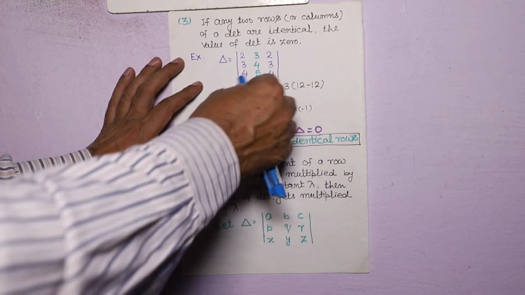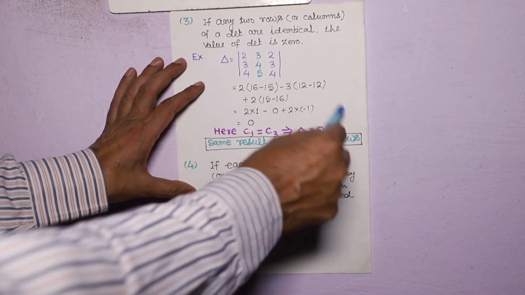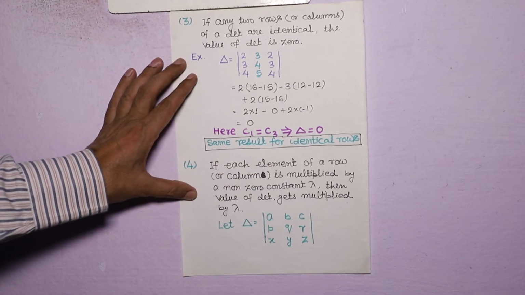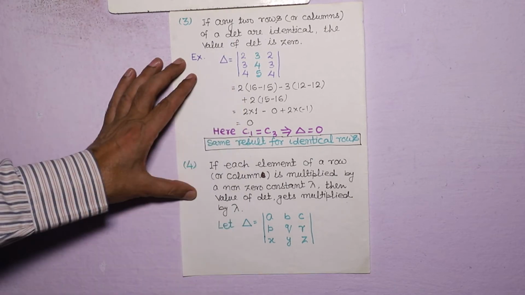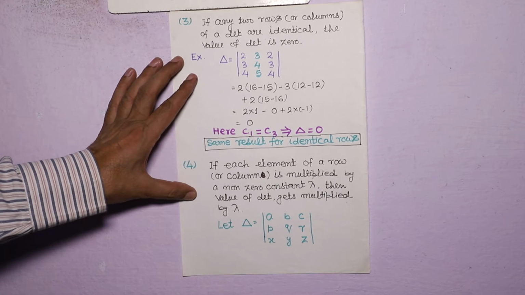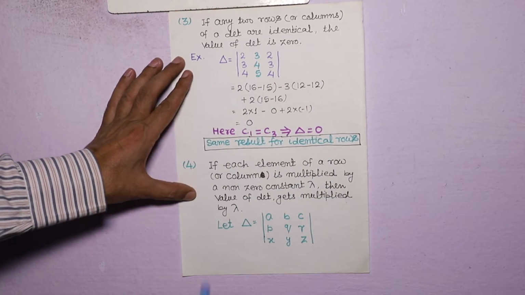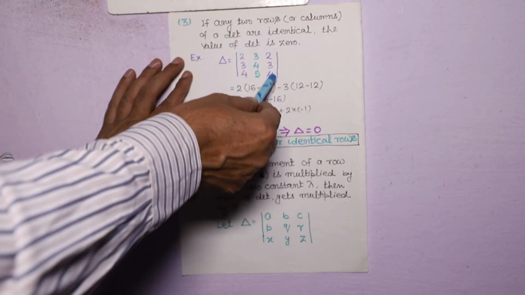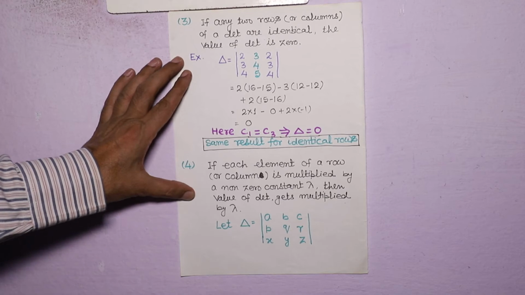So its value is 0. Here C1 and C3 are the same, therefore its value is 0. The same holds for identical rows. If two rows or two columns of a determinant are identical, then the value of the determinant becomes 0. Even if the numbers are in proportion, the value will be 0.